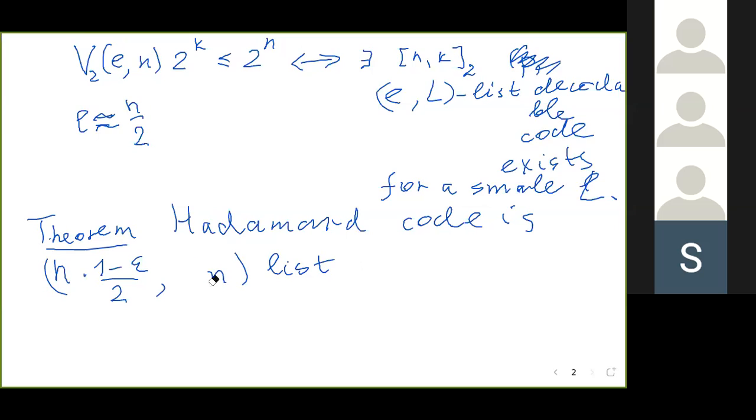Here we can even take a constant size list, 1 over epsilon squared list decodable.